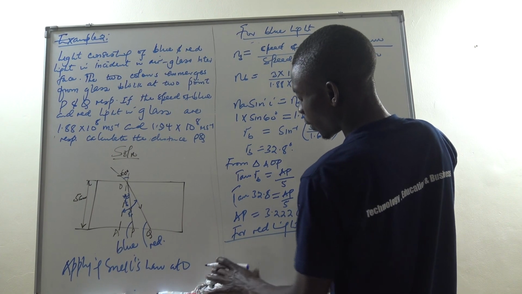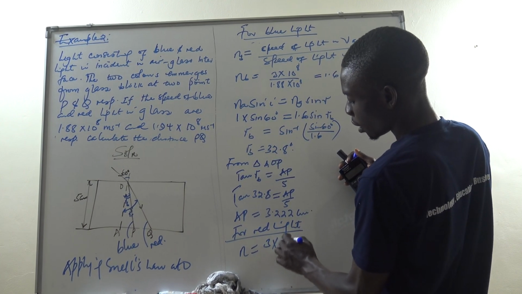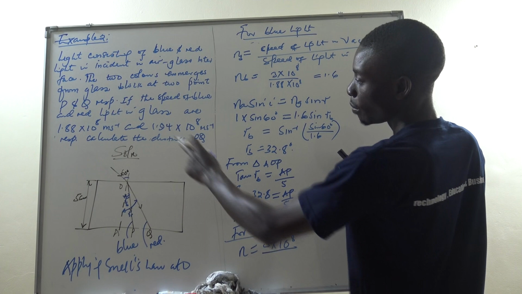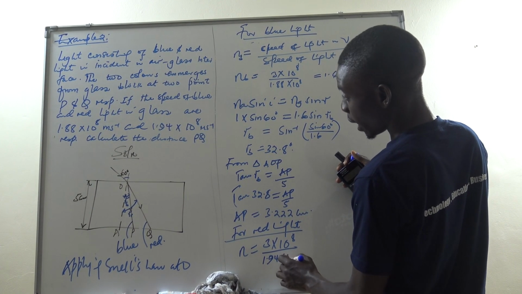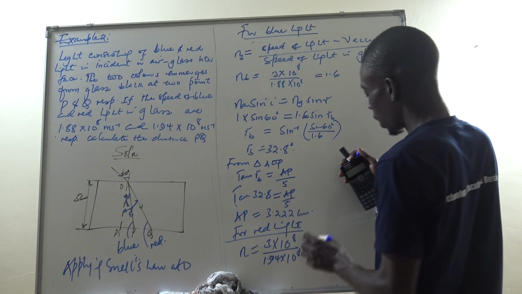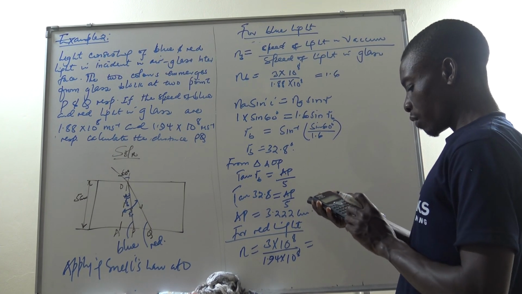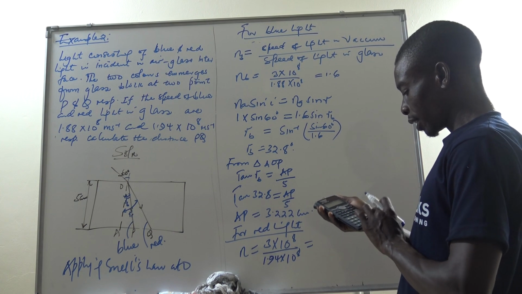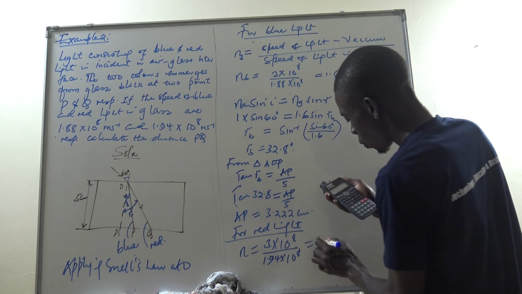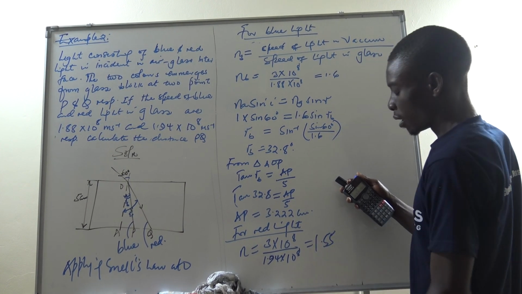For red light, what is the refractive index? The speed of light in a vacuum, 3 exponent 8, divided by the speed of red, which is 1.94 exponent 8. That is 3 divided by 1.94, which is 1.55.